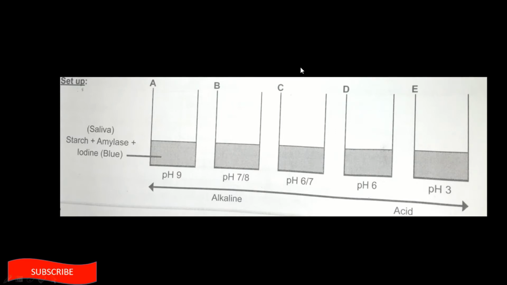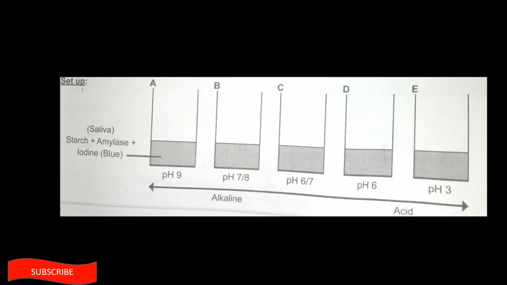Now how are the test tubes different? Our 5 test tubes are different in terms of pH. They are subjected to different pH levels. Test tube A is subjected to pH 9, which is alkaline. Test tube B is subjected to a pH between 7 and 8, slightly alkaline.